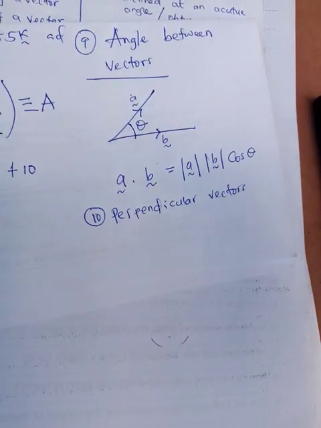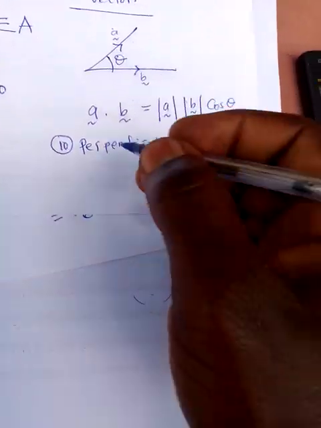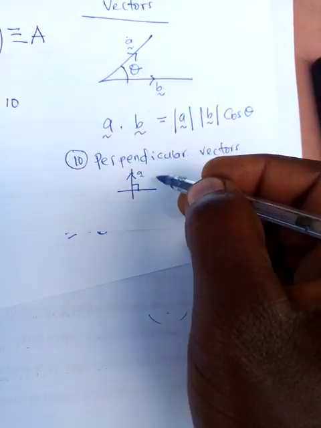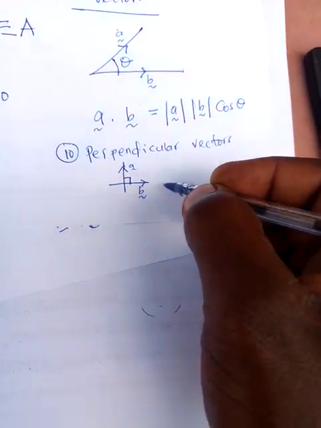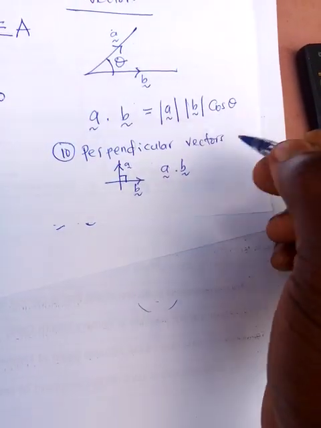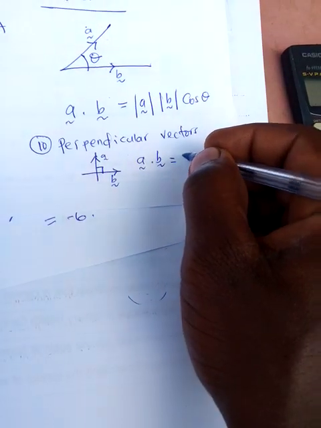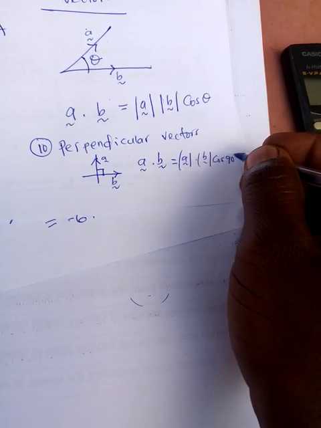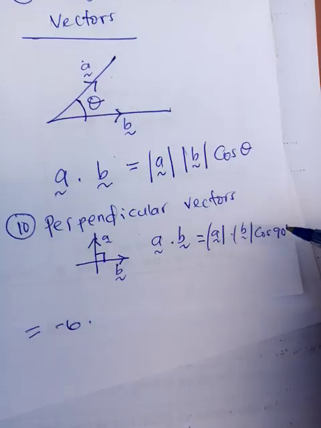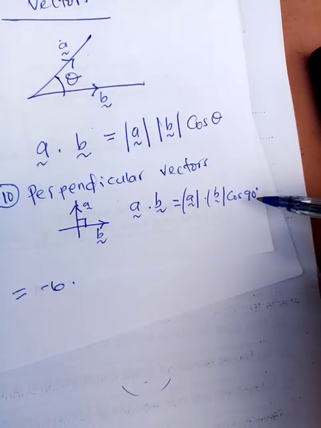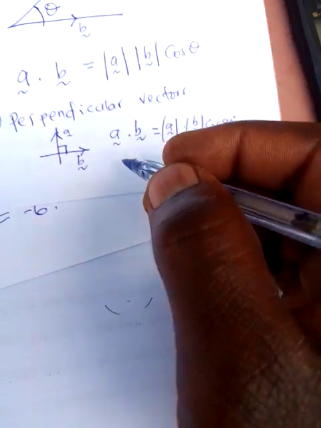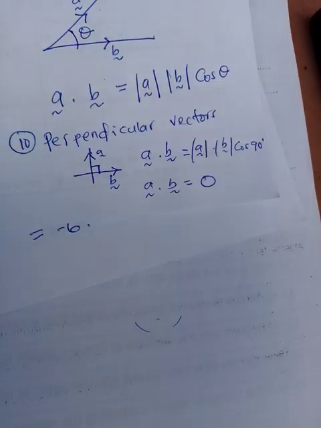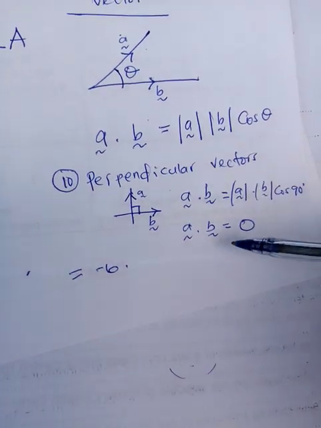For perpendicular vectors, it means when you dot them, if this is vector A and this is vector B, you get A magnitude times B magnitude, then cos of 90 degrees. But cos of 90 degrees is 0. Therefore, you'll end up saying A dot B is 0. So for perpendicular vectors, their dot product gives 0.